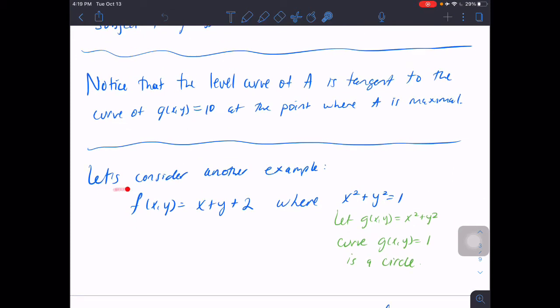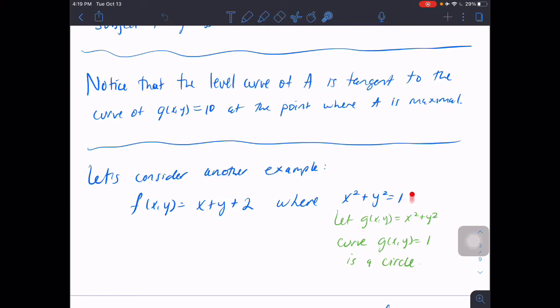Let's consider a different function now. Let's say it's x plus y plus 2, where your points x, y have to satisfy this constraint equation, which, if you look at it, is just the equation of the unit circle. We're going to copy the same thing. I'm going to let g equal x squared plus y squared.